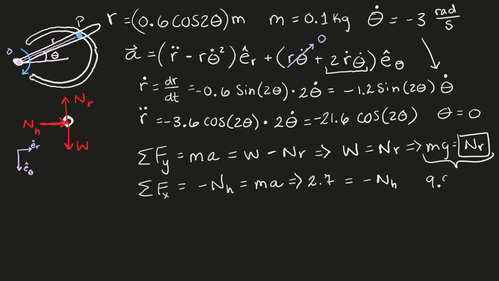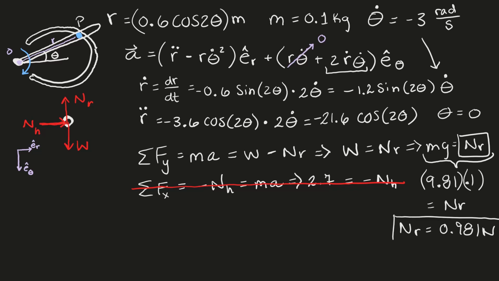I'm an idiot. So 9.81 times m 0.1, that equals N_r. So N_r equals 0.981. I don't know what's wrong with me. I lost sight of what the problem was even asking for, and I did all that extra work. So this problem is easier than I thought it was, because all you had to do was solve this N_r value right there. So there you have it, y'all.